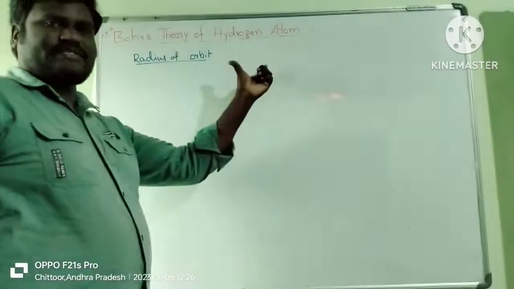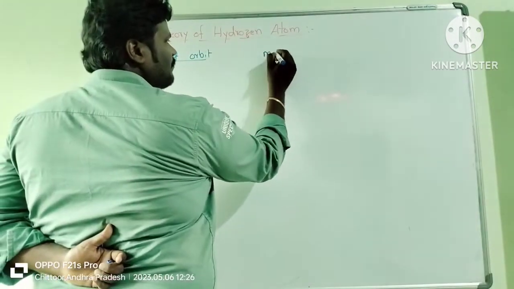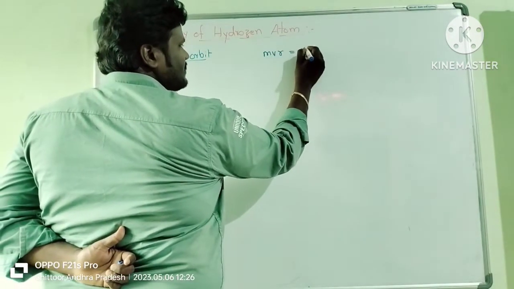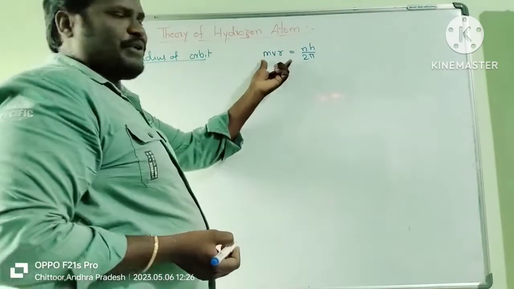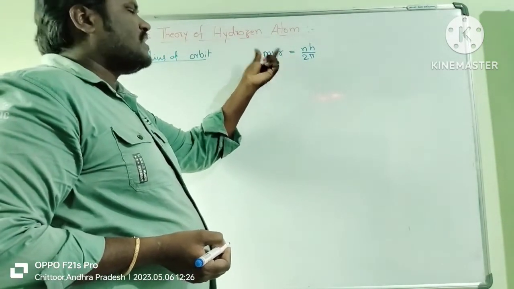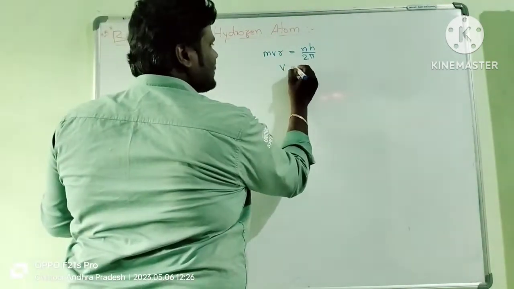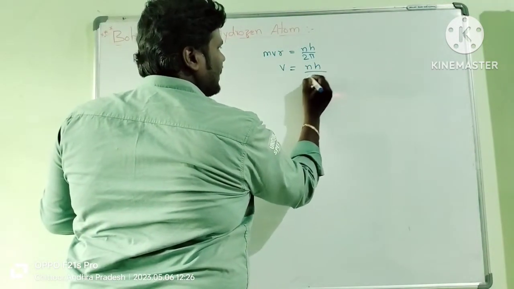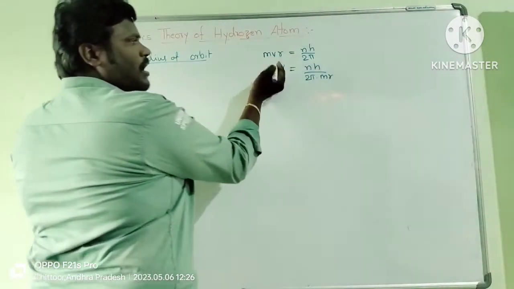Now find the radius of the orbit. We know from the Bohr postulates that the orbital angular momentum mvr is equal to nh by 2 pi. From this, v is equal to nh by 2 pi m r.